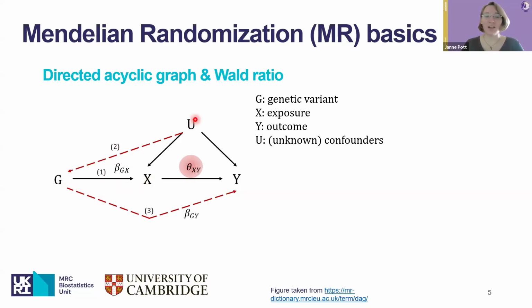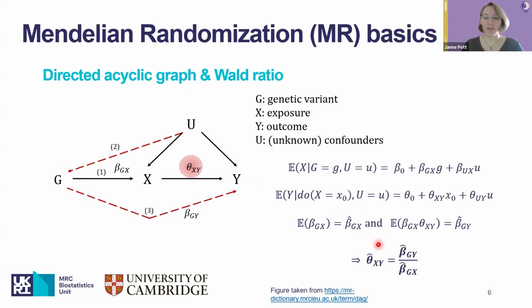We need to assume that any confounder of X and Y, of the exposure and the outcome, do not influence our genetic instrument, and that the effect that we might observe on the outcome from the SNP is completely mediated by X. So there's no direct path from our genetic marker to the outcome. Why do we need those assumptions?